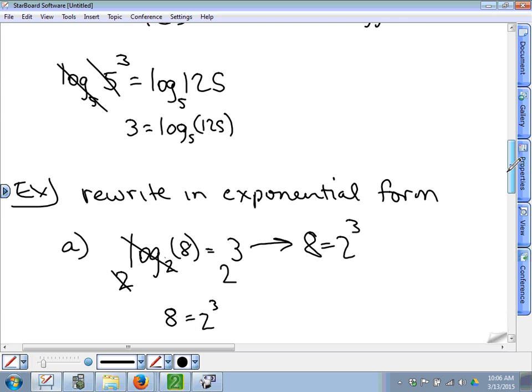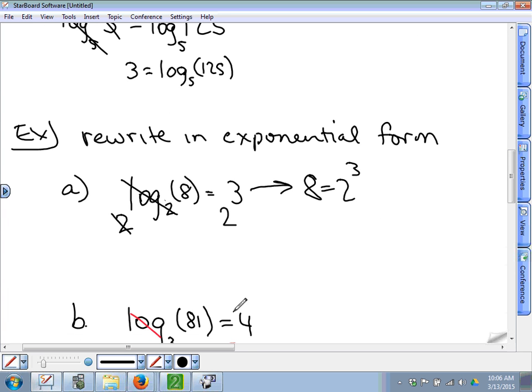Let me try this one. Log base 3 of 81 equals 4.